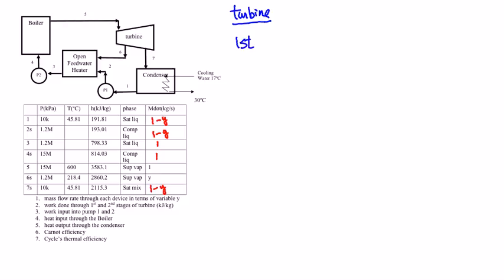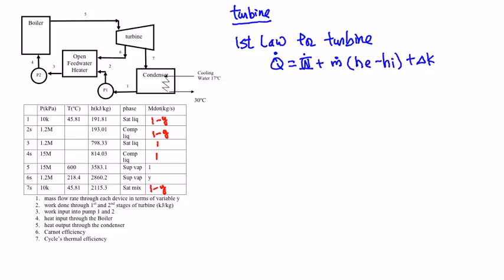This is the first law for the turbine. We talked about it in class: Q dot is equal to W dot, oops, it should be a minus, exit minus inlet plus change of kinetic energy.